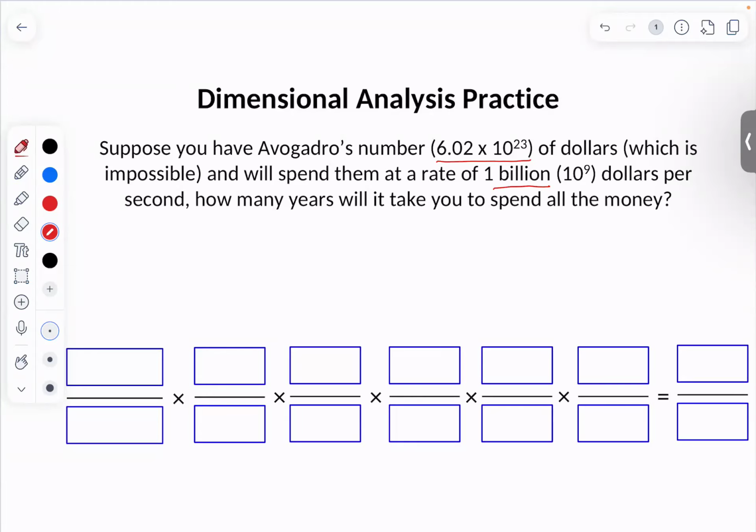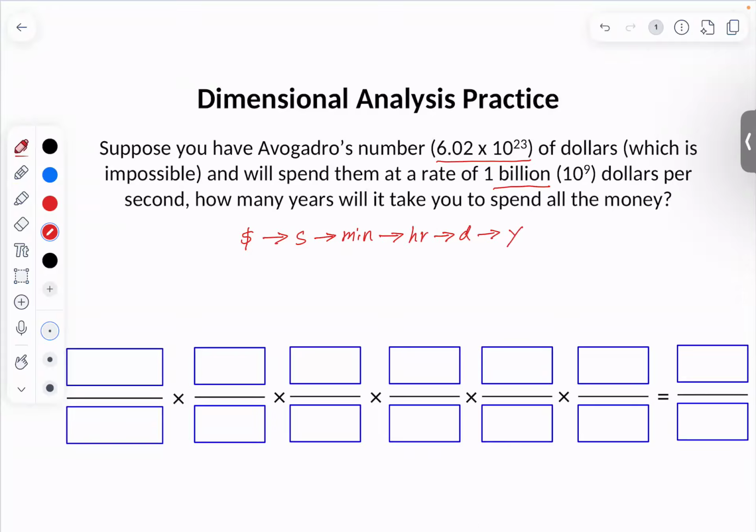First, let's identify where we are and where we want to go. We start with dollars. We want to end with years. To get there, we need several conversion factors. We need to convert dollars to seconds, then seconds to minutes, then minutes to hours, then hours to days, and finally days to years.